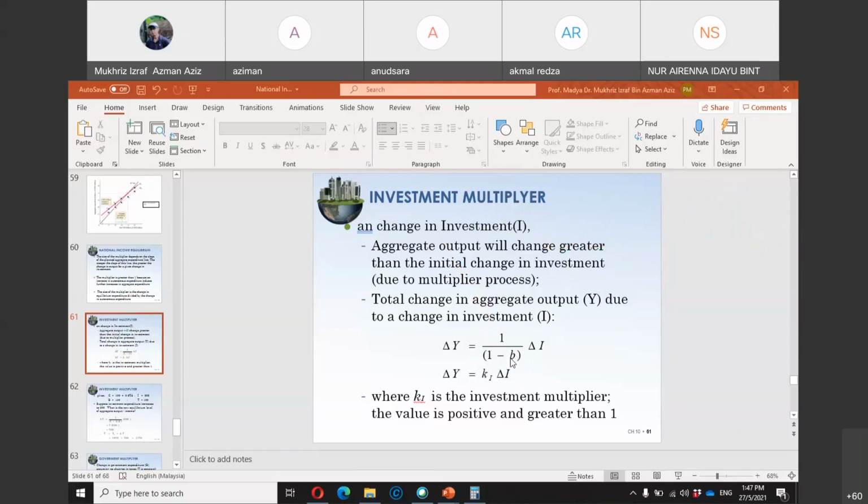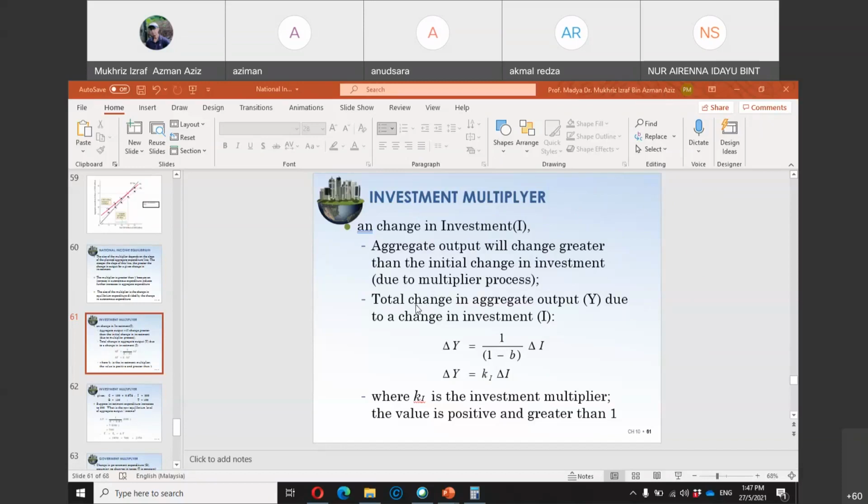If you look at this simple equation, the idea of the multiplier is this. I gave a simple example just now: you give someone 100 ringgit, and that person starts doing a small business, let's say selling drinks.